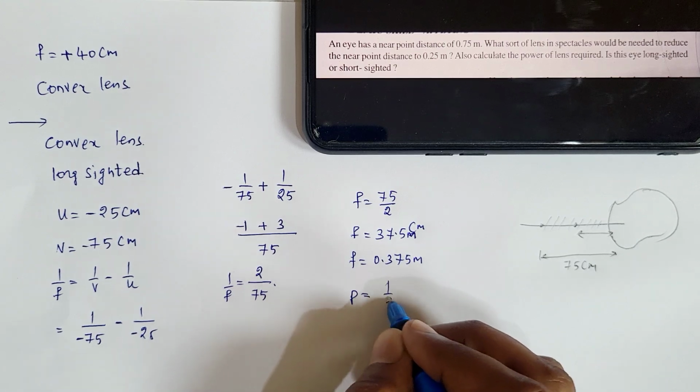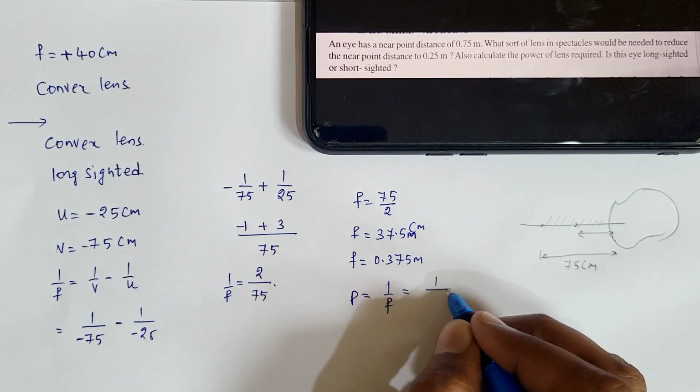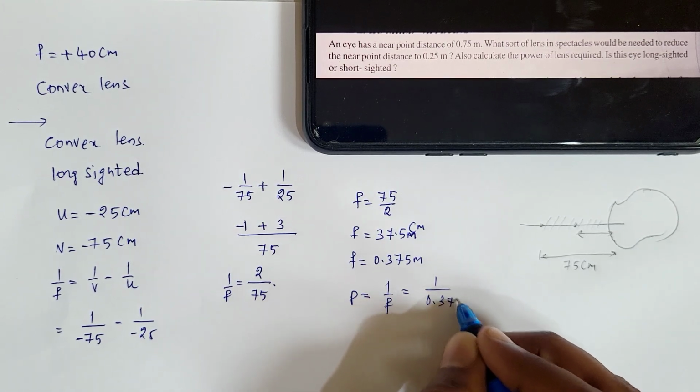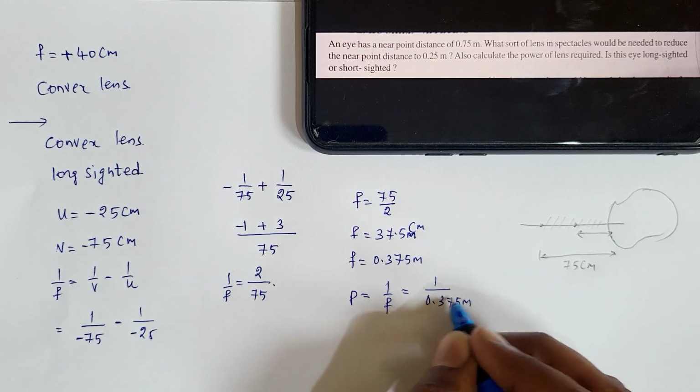How to find power now? Power P will be equal to 1 by f. 1 divided by 0.375 meters. 3 zeros are there.